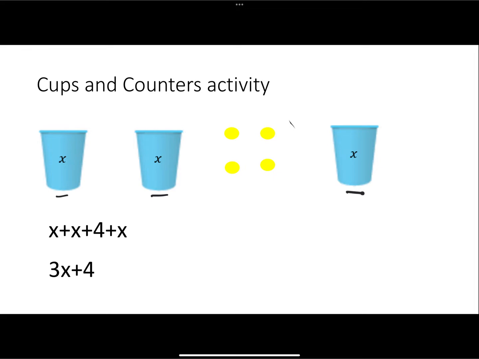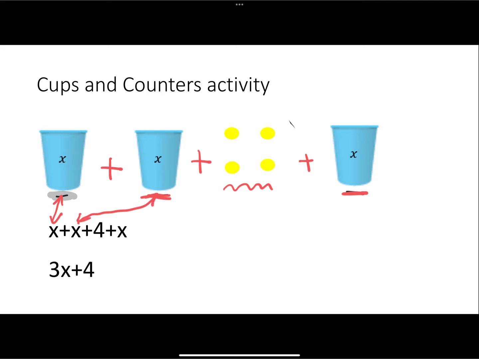If I look at the picture, I can see that I have my x plus this x plus this constant plus this x. And down the bottom here, I can see this x corresponds to this one.